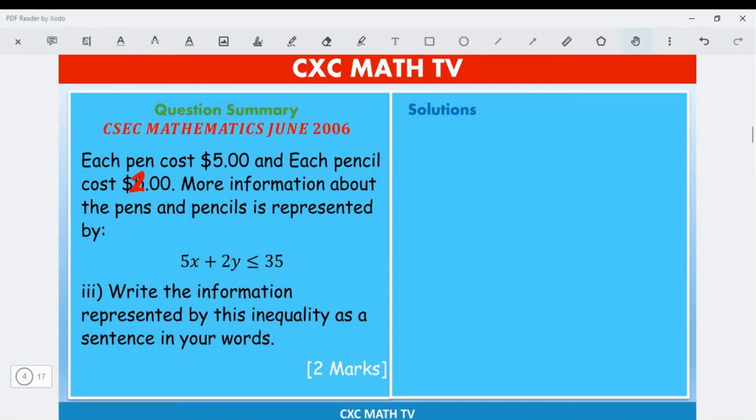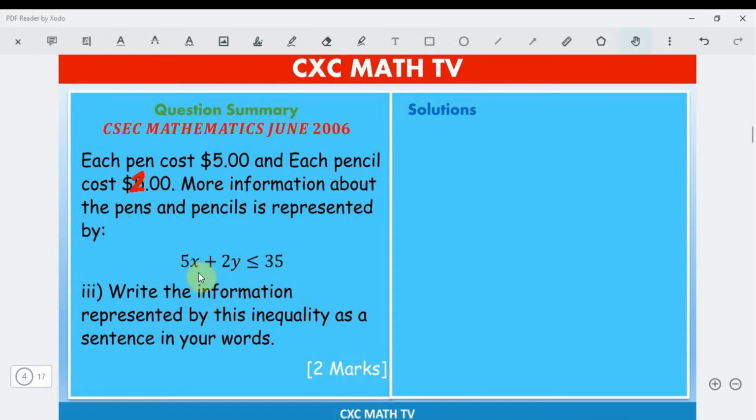So the next part of the question says each pen costs $5 and each pencil costs $2. More information about the pens and pencils is represented by this inequality: 5x plus 2y is less than or equal to 35. It says write the information represented by the inequality as a sentence in your own words.